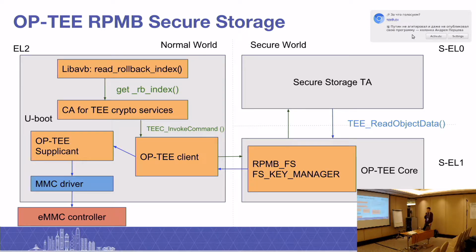So in this case we have to introduce two additional components into U-Boot and a secure storage trusted application, which is going to be an arbiter for each invocation of read rollback index, write rollback index, and get device lock state. And in this case, secure world is going to be used for building RPMB frames.